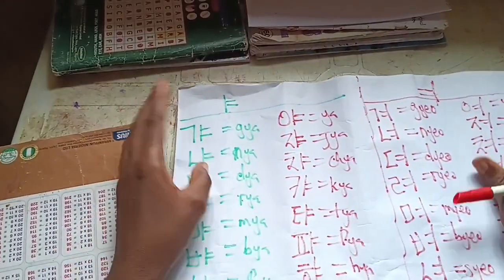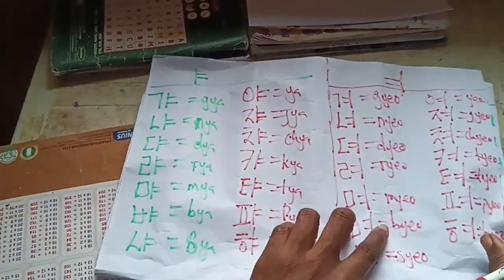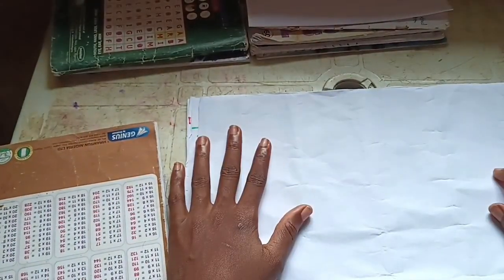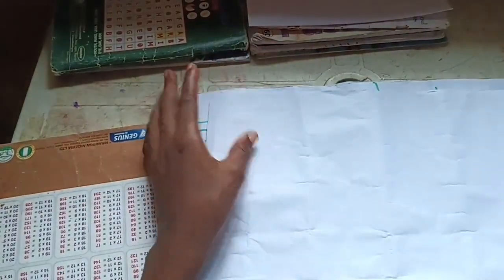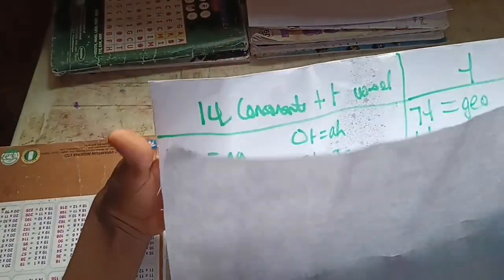So we have learned 6 of the vowels mixed with consonants. Now this video is getting so long, it's already 16 minutes gone, and I don't want it to be too long so you won't get bored and forget what you've learned.